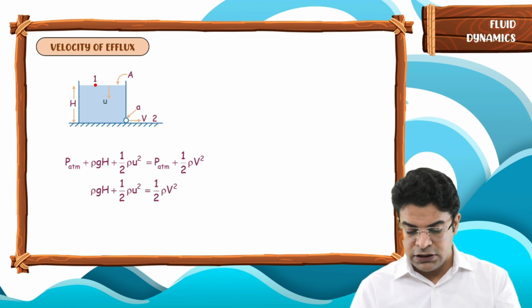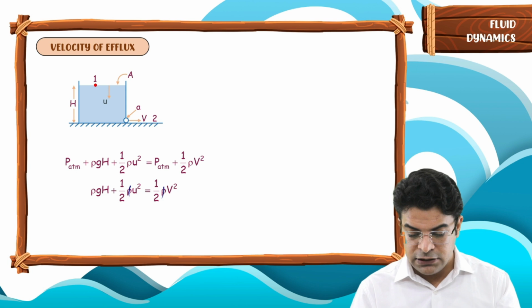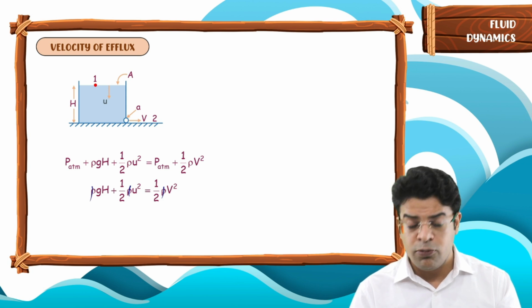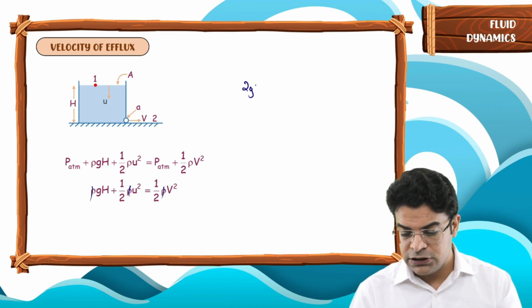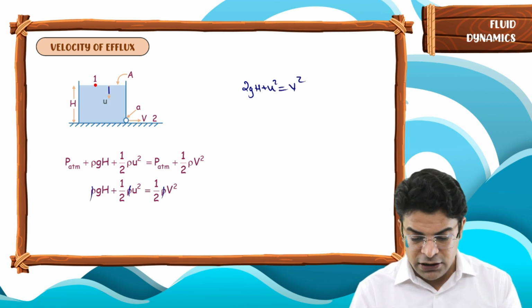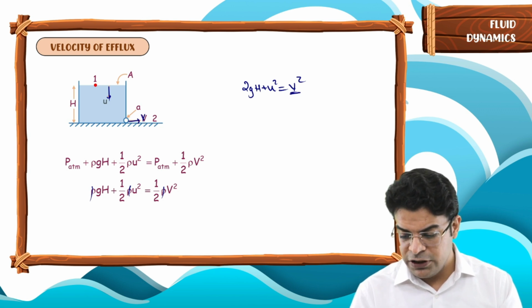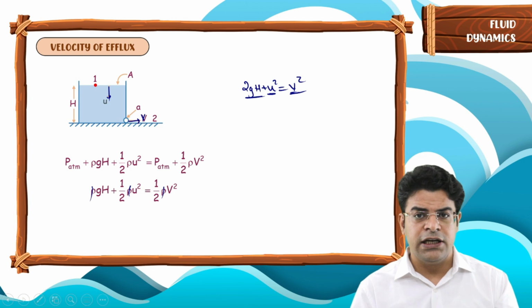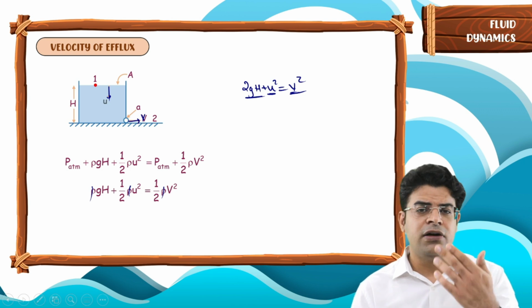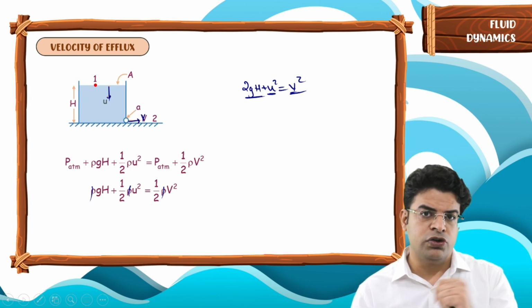Again you will say, okay sir, this is as good as cancel every term rho, and you will get on multiplying 2gh plus u square equals to v square. So if the speed at the top is u and after coming out here the speed is v, so v square equals to u square plus 2gh, just like we have learned in the third equation of motion.